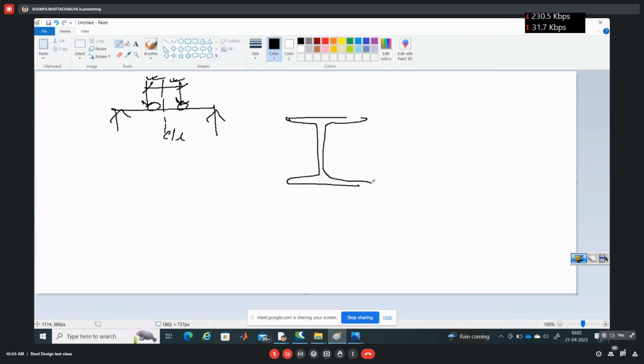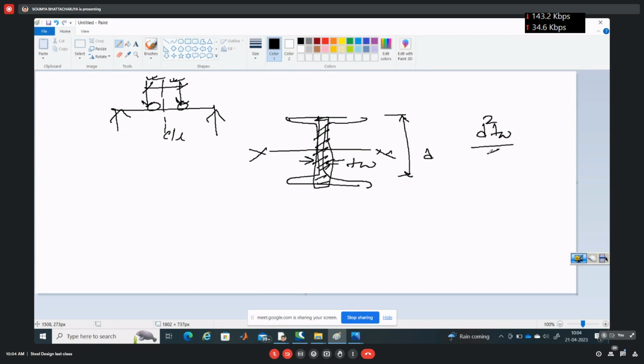For the web part, this is a rectangle, and if this is tw and this is d, the plastic section modulus of this web is equal to b d square by 4. So tw d square by 4.